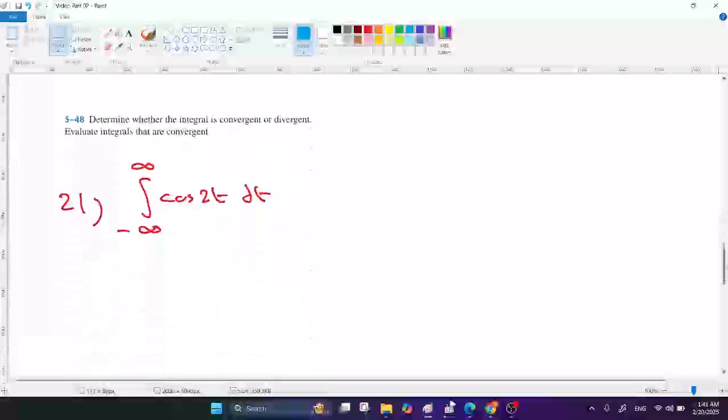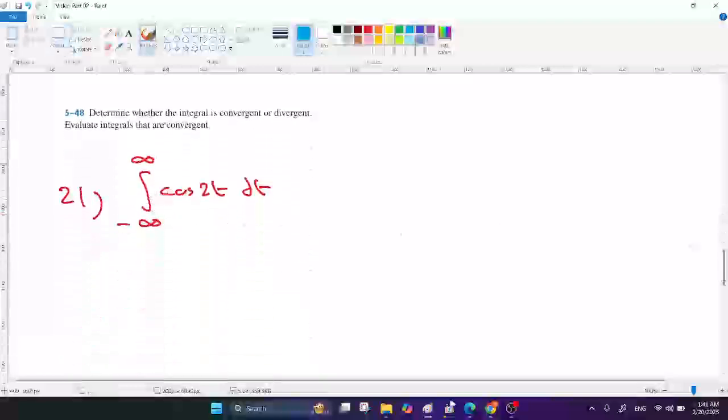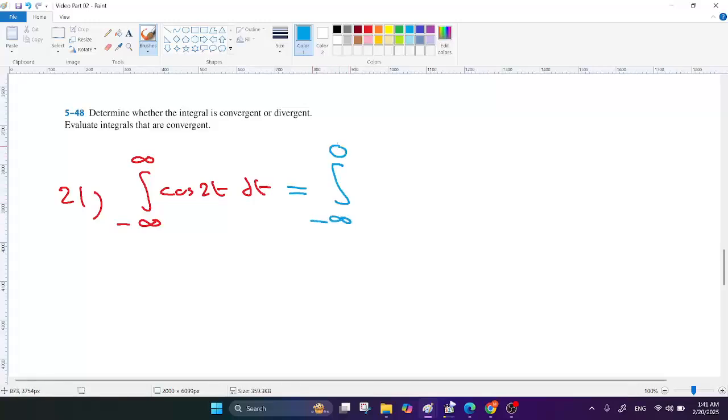Now let's solve 21. To solve this one using the definition, you should write it like this: minus infinity to a, choose a to be 0, because we can choose whatever we want. So the integral from minus infinity to 0 of cosine 2t dt plus the integral from 0 to infinity of cosine 2t dt.